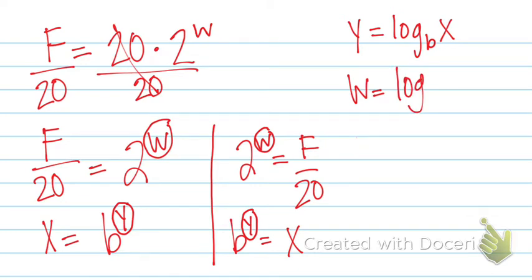My b. 2. And my x is f over 20. Now, why did I put parentheses around f over 20? That log has to go to the f and the 20. Okay? Has to go to the whole thing. All right.